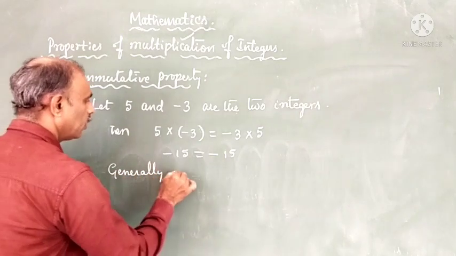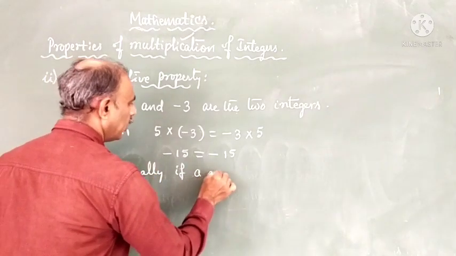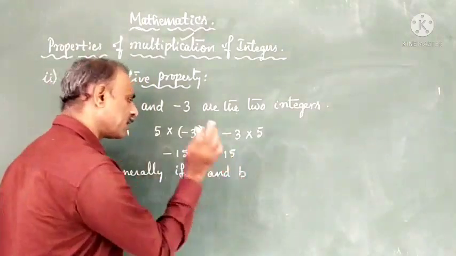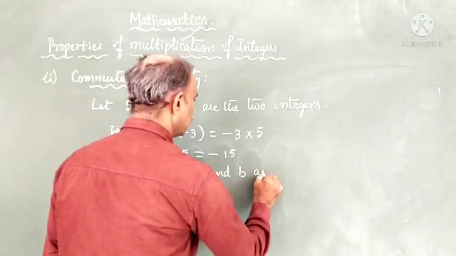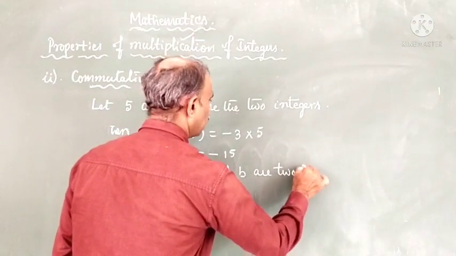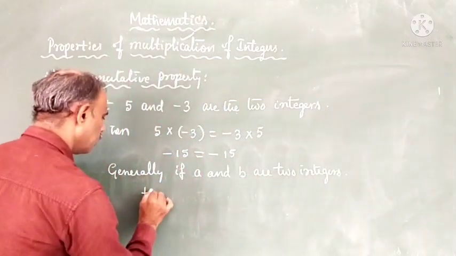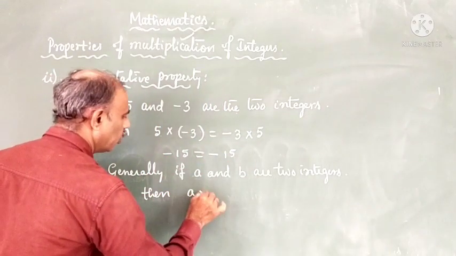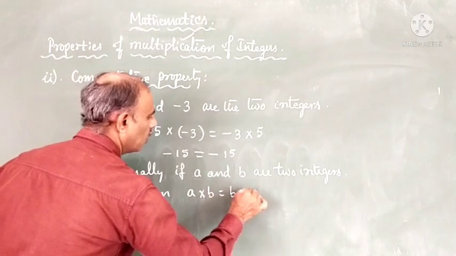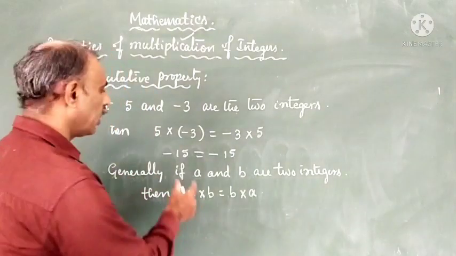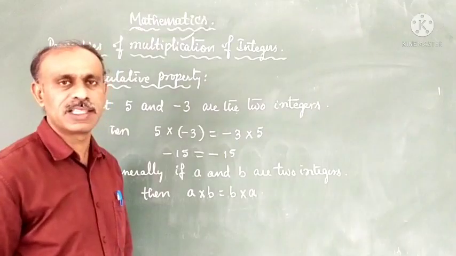So generally, if A represents one integer and B represents another integer, then A into B is equal to B into A. Both sides, LHS and RHS, are equal.